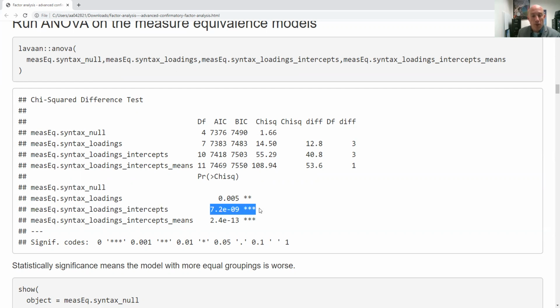This hypothesis test says that the one with just loadings is better than loadings and intercepts. And this hypothesis test says the one without any restrictions is better than the one with just loadings. So the best model for this output is actually the one using the default aspect, where I have flexibility across my models.